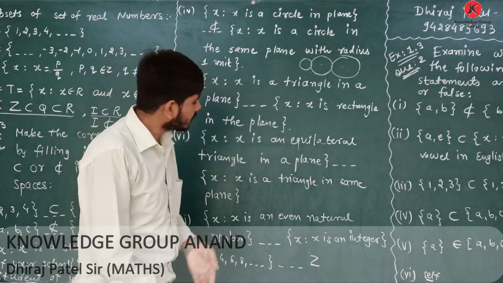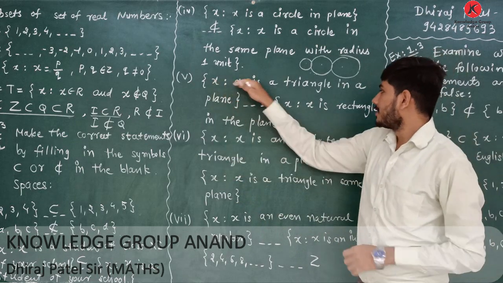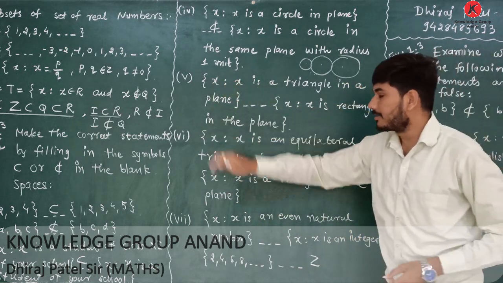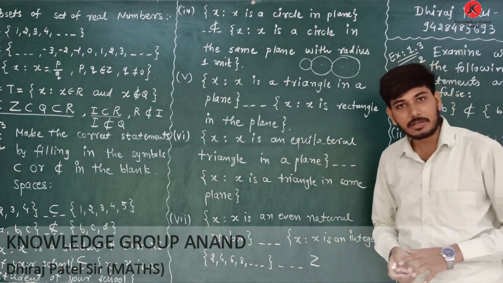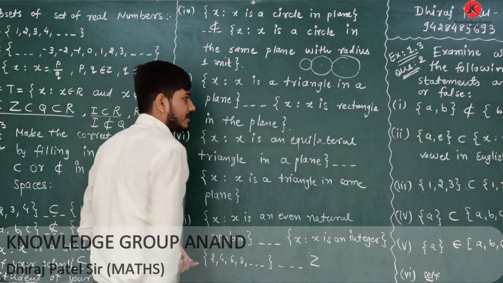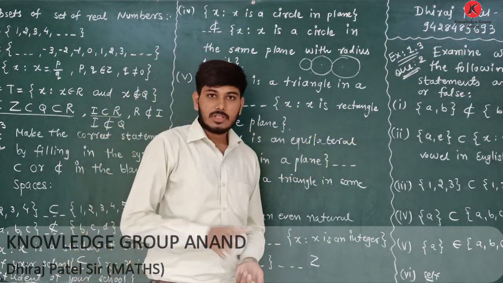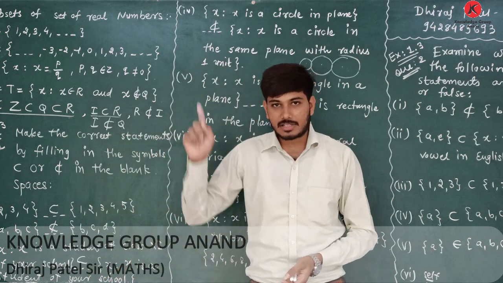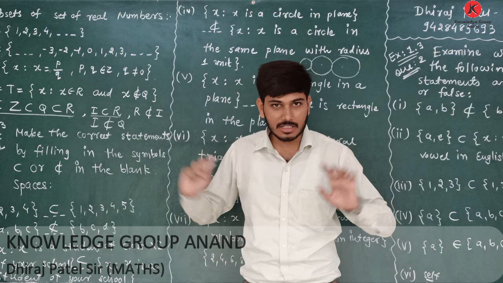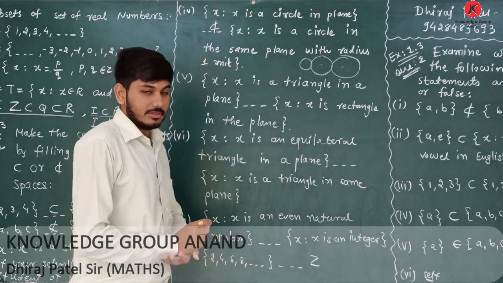This set consists only of circles having radius 1 unit. Therefore, a circle having radius 2 unit, 3 unit, or 2.5 unit does not lie in this set. Therefore, we can say that it is not a subset.